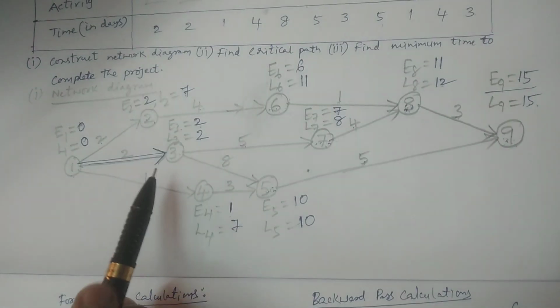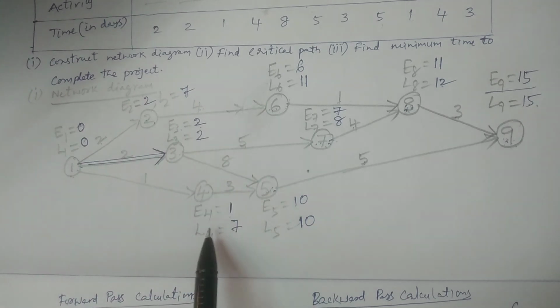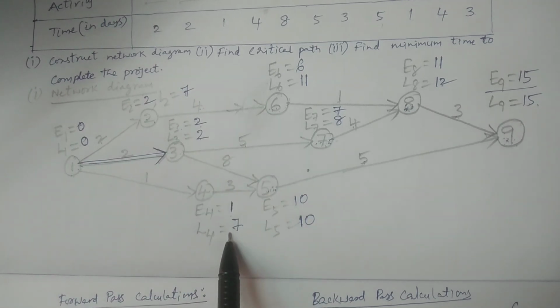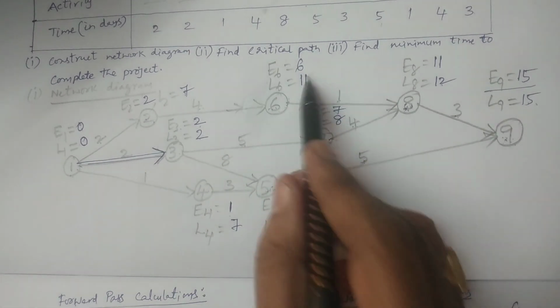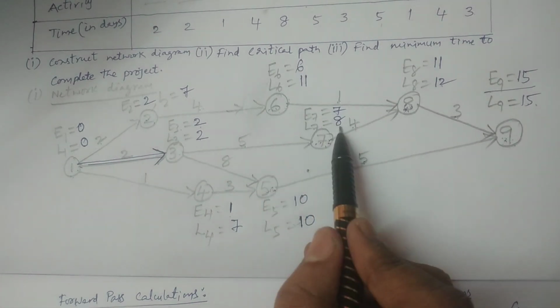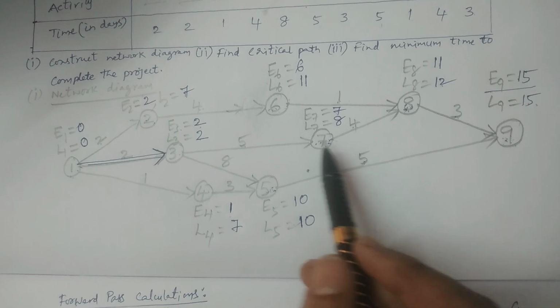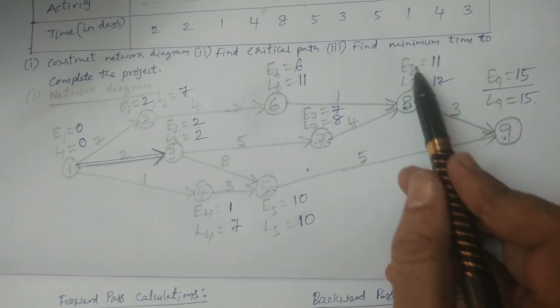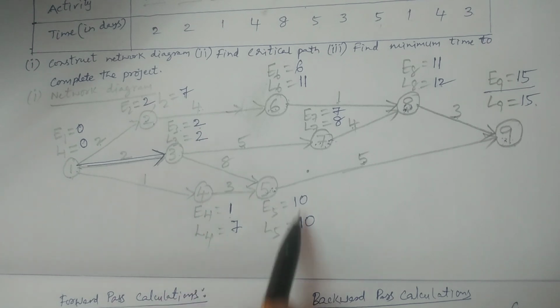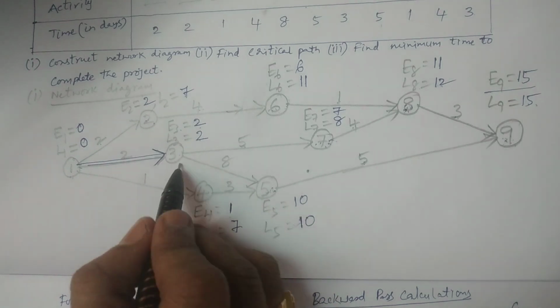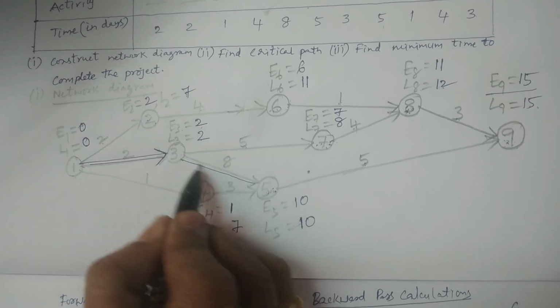Okay, and then 2, 2. E4, L4 not equal. E5, L5 equal. E6, L6 not equal. They are not going to be considered. E7, L7 not equal. E8, L8 not equal. You see here E5, L5 equal, 10 and 10. Therefore, 3 to 5 is going to be connected.